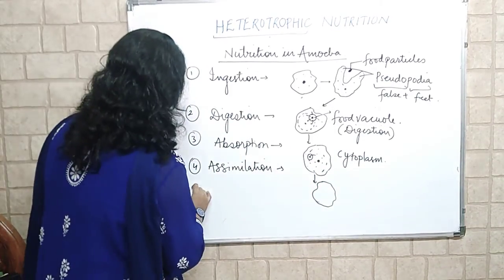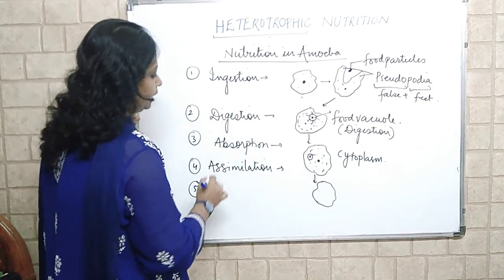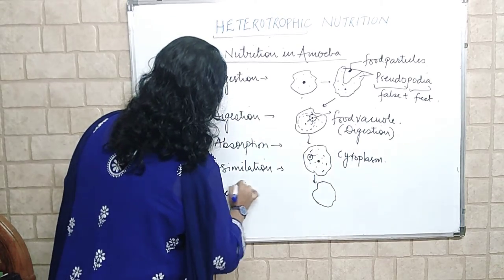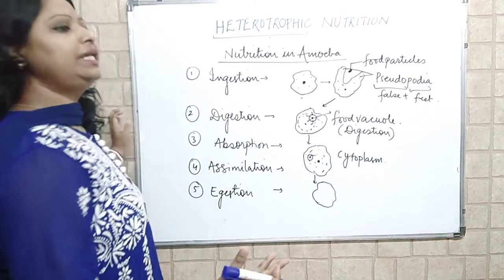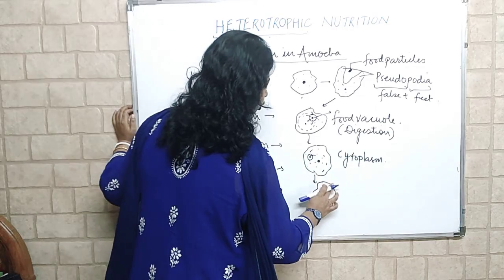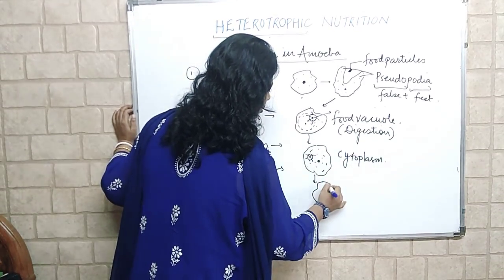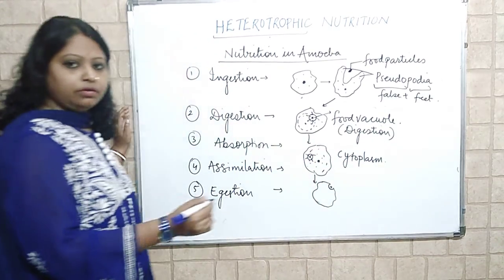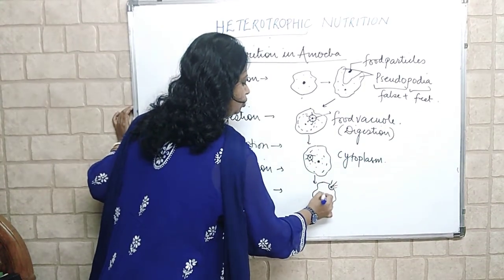After assimilation, the last step for any type of holozoic nutrition will be egestion. Egestion means throwing out of the undigested, unabsorbed food. So how are they going to do it? Again, that vacuole after complete digestion will reach the cell membrane, merge with it, and all the waste products will be thrown out.